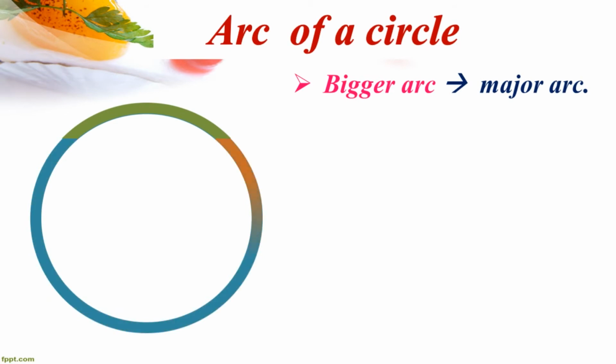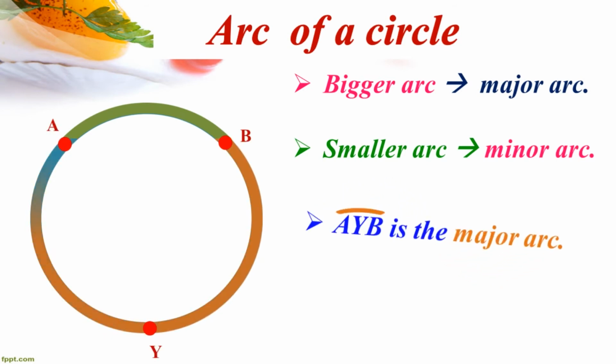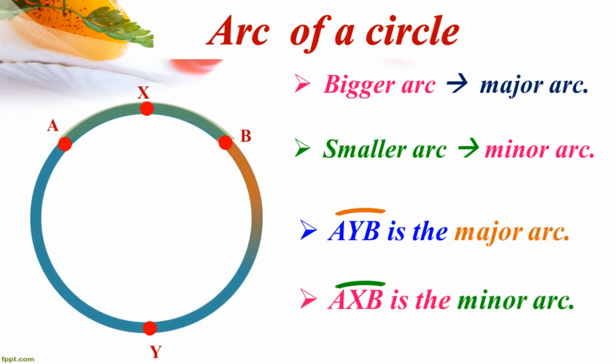That is, the smaller arc is called minor arc. So in this figure, the major arc is AYB. That is, AYB is the major arc. Next, AXB is the minor arc. That is the smaller arc.